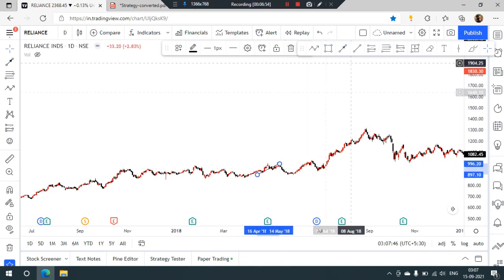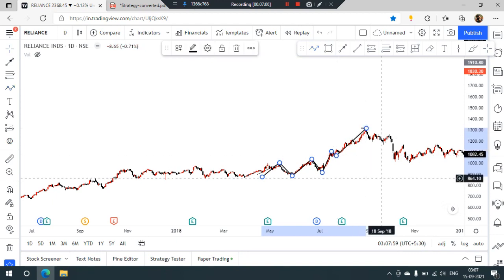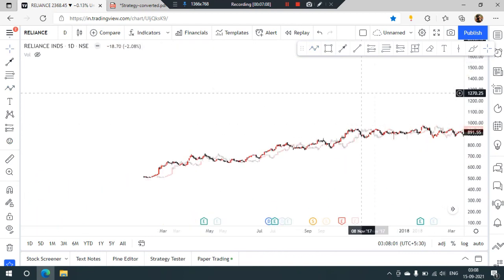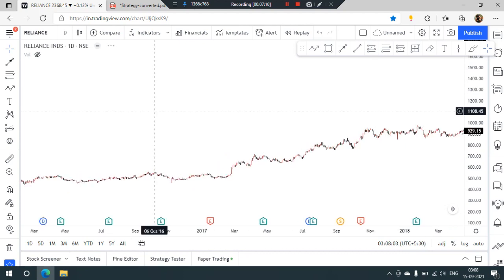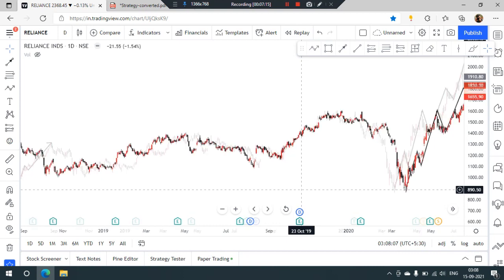Impulse, correct, impulse, correct, impulse, correct, impulse. So similarly a bull trend can be found. Okay, so let's move on to a lower time frame to identify.